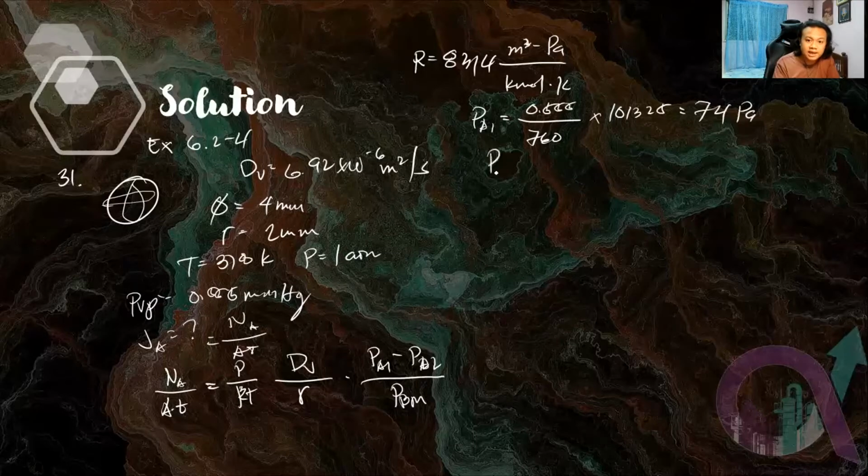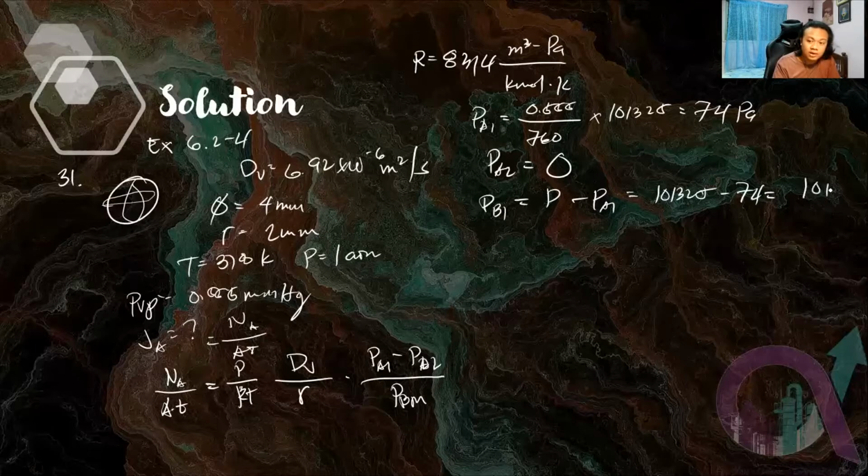And then PA2 is, of course, let's assume you have no naphthalene in the beginning of the air, so it's just 0. PB1 is the total pressure minus the PA1. You have 101,325, that's the pressure of the air around it, minus the 74. So you have 101,251 pascals.